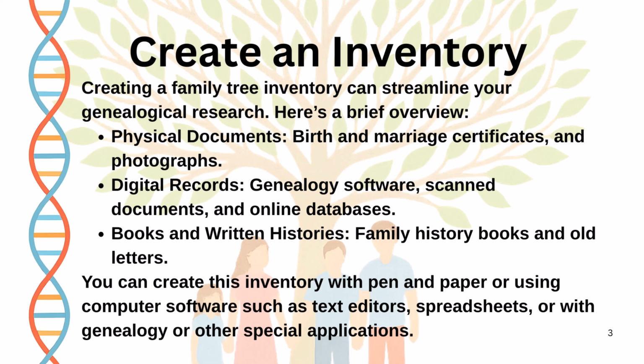You can use pen and paper, write it down in a spiral notebook, use computer programs like text editors, spreadsheets, or genealogy or other special applications. It really doesn't matter what you use. It's just a matter of making an inventory so that you know what you have, where you have it, you can find it and extract the information that you need in order to build your family tree.